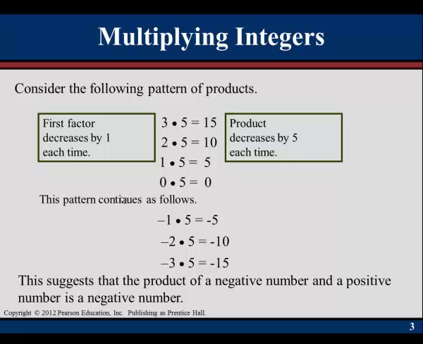So this suggests that every time we multiply a negative number times a positive number, we get a negative number. Okay? Questions with that?